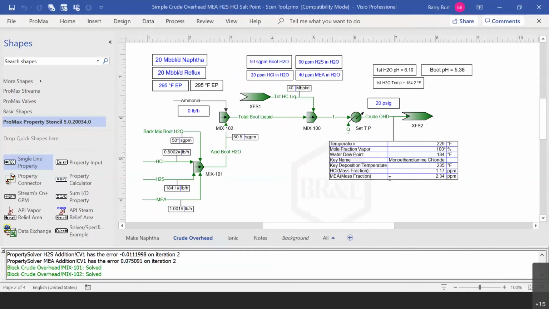If ProMax detects that there is an aqueous phase forming on any other stage besides the overhead condenser, we'll get a message indicating that, and we can do some pretty complicated work to get reference streams of the phases on that stage, mix them, and then reflash them in a three-phase flash.